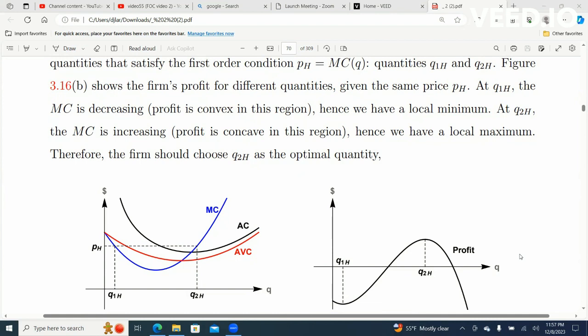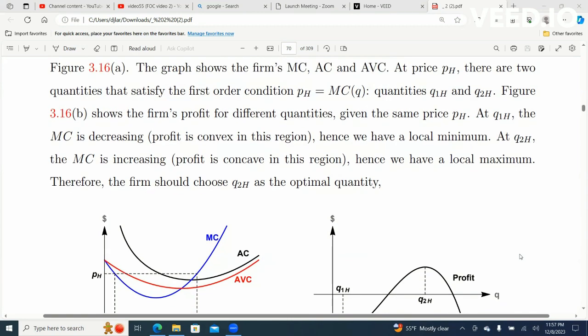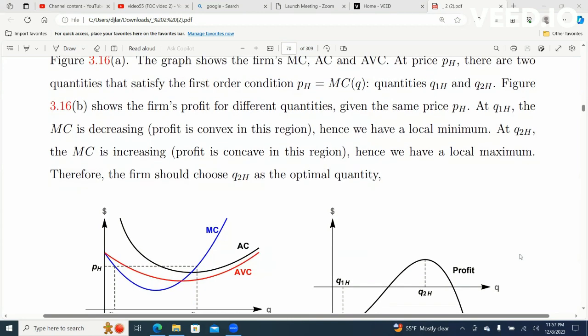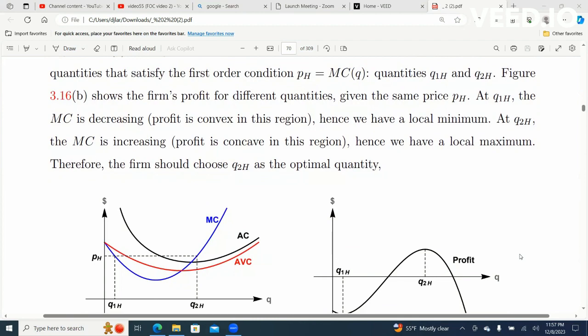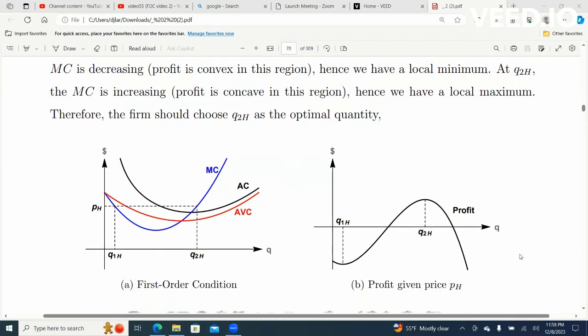So we have to have a quantity where it equals MC right there. There are two quantities that satisfy that, Q1H and Q2H. Figure 3.16b shows the firm's profit for different quantities given the same price PH.